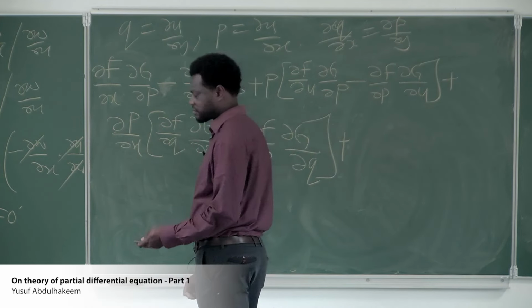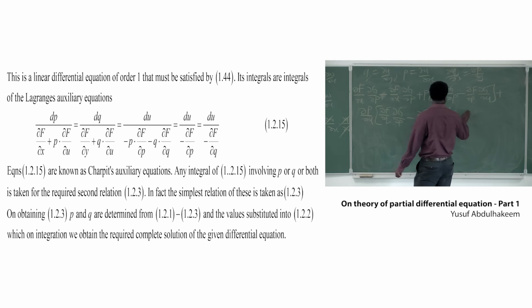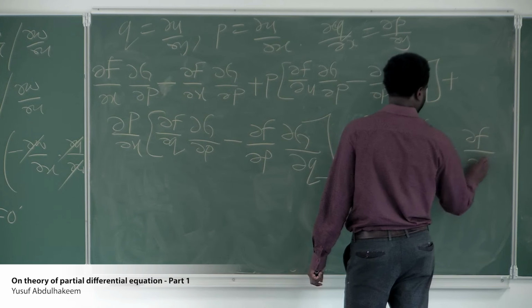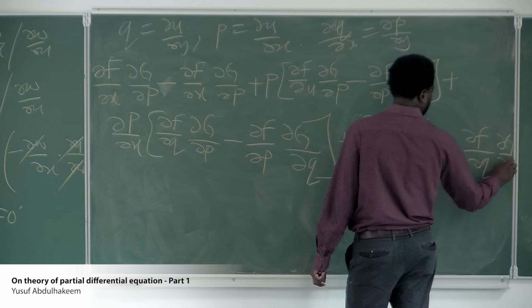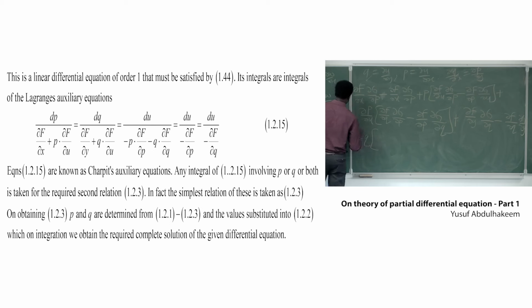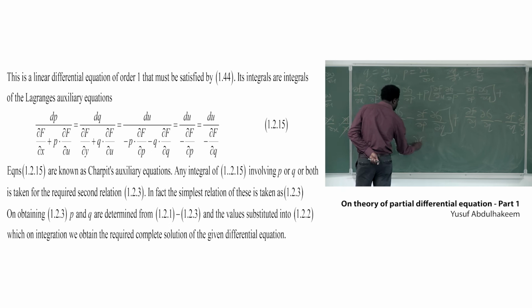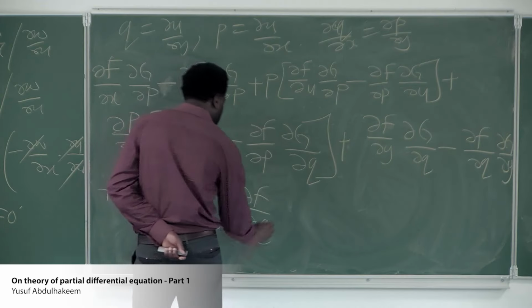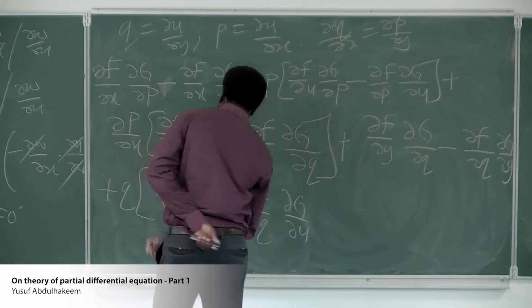Then plus the next one, which is going to give us df dy, then we have dg dq minus df dq dg dy, then plus q in the bracket of df du, then we have dg dq minus df dq, then we have dg du.